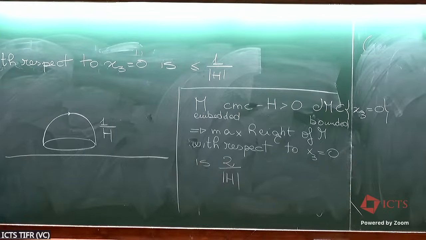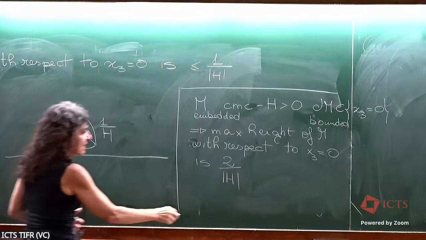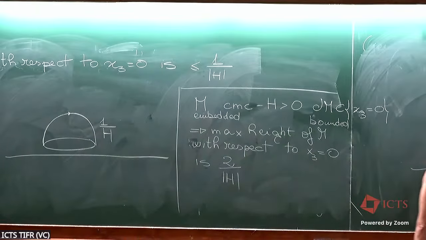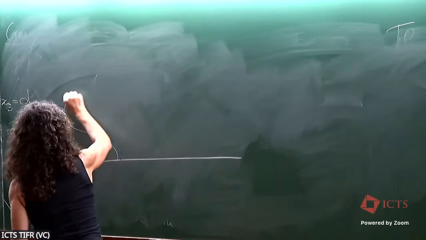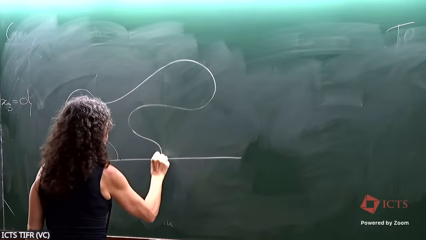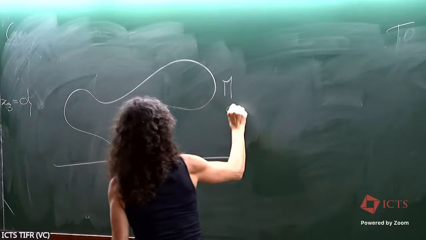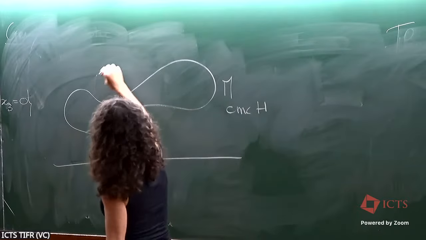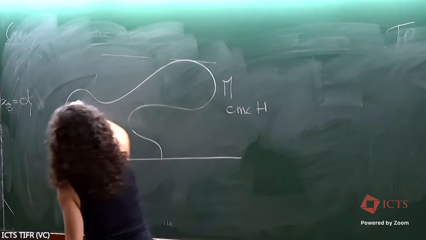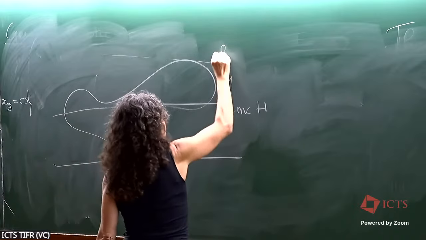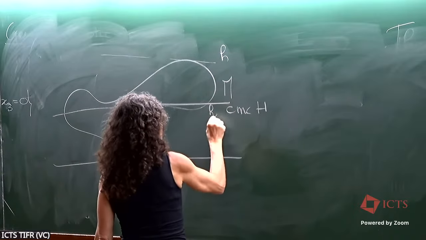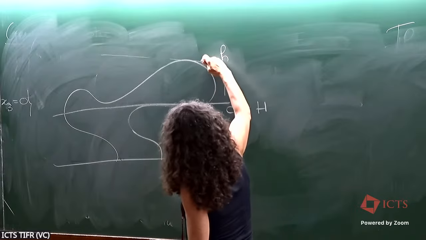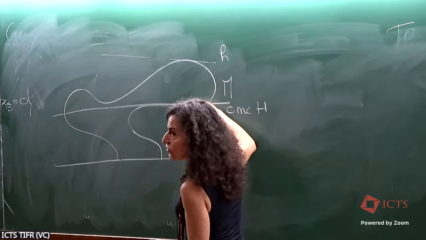If you have a situation like this, this is M, CMC H, you take the maximal height and then you go to the half of it. So this is H and this is H over 2. So you can prove that between H and H over 2, M is a graph.